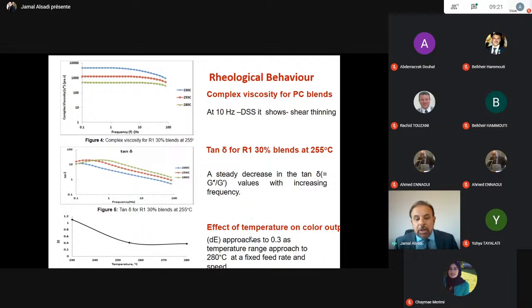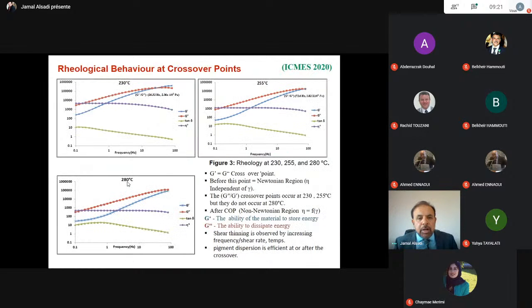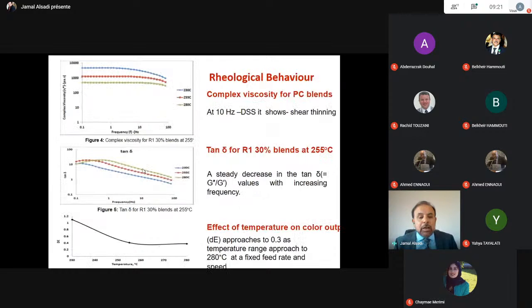I checked the color for these values. I found that when increasing the temperature, reaching about 255 until 280, which shows shear thinning, 255 shows the best color. How do we know the color here is good?